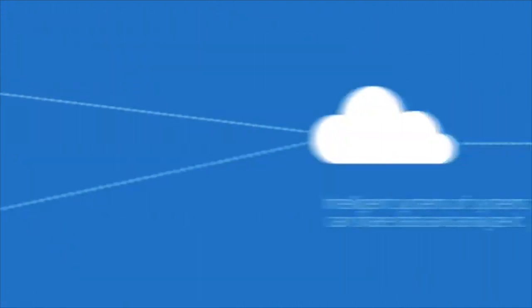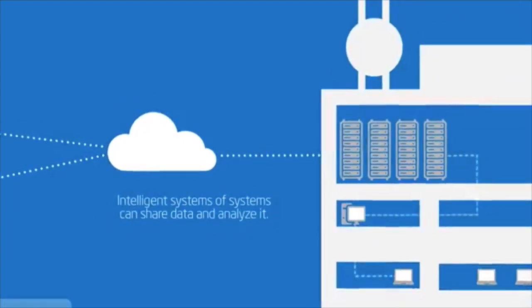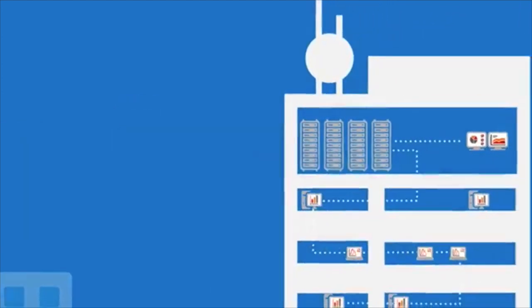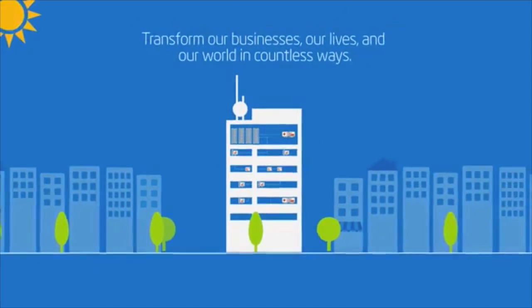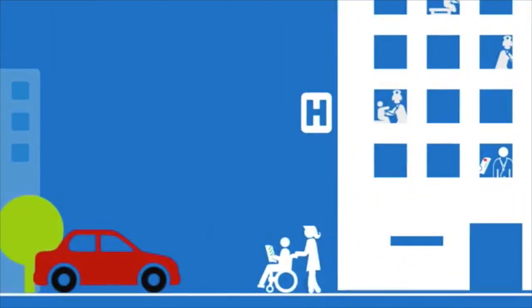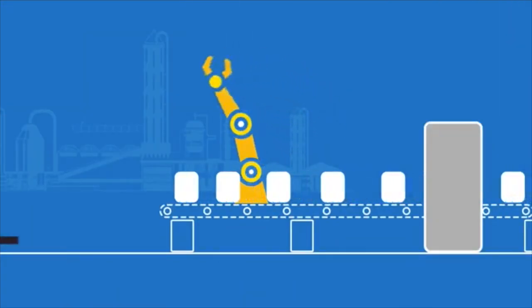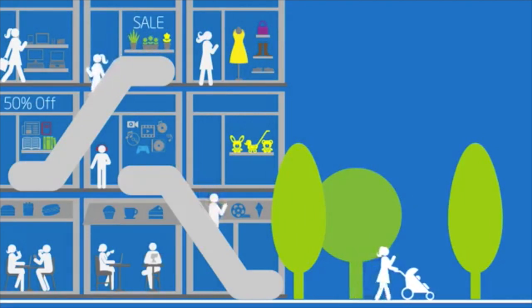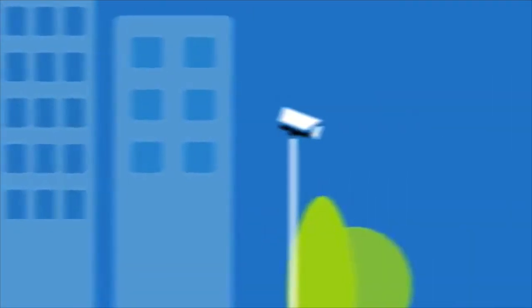And when these intelligent devices and systems of systems share data over the cloud and analyze it, they can transform our businesses, our lives, and our world in countless ways. Whether it's improving medical outcomes, creating better products faster with lower development costs, making shopping more enjoyable, or optimizing energy generation and consumption.